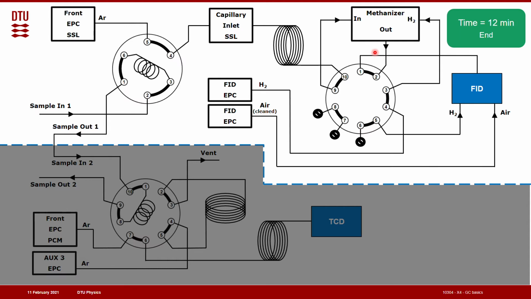So that's why we need to let it run until we know that all of the different compounds in the sample have actually gone all the way through and into the FID, being burned off.